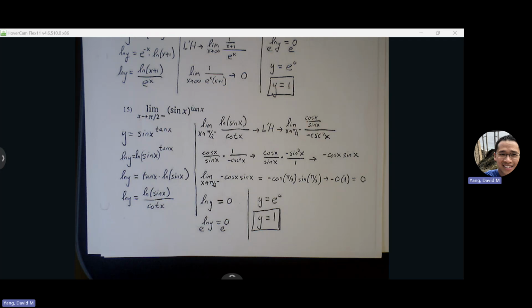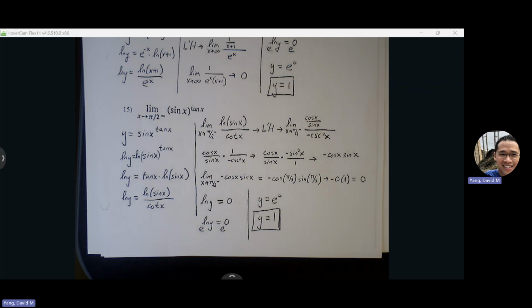We're going to use log differentiation to allow for these to be arranged a little bit easier. So I'm going to take the natural log of both sides, bring that tangent down, and now I have this. But this is not quite ready for L'Hopital's because I want something numerator over denominator. I'm going to force that tangent to the denominator, which is the same thing as cotangent in the denominator. I can't just put the tangent below because then I'm changing the value. Cotangent is the same thing as 1 over tangent, right.